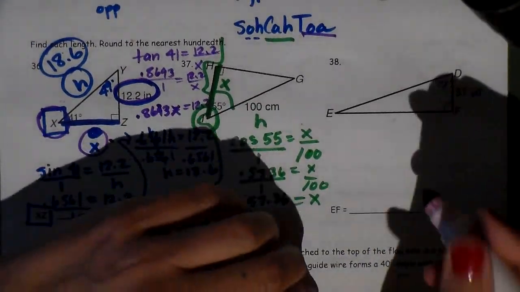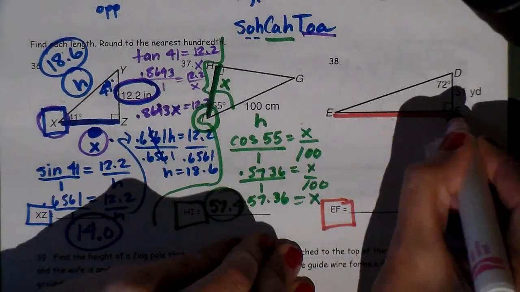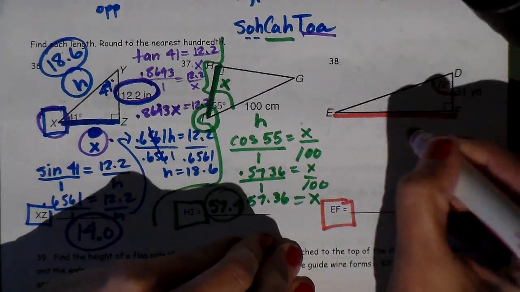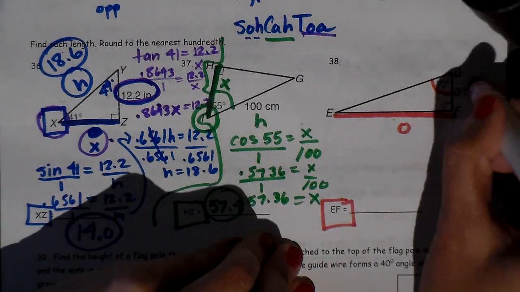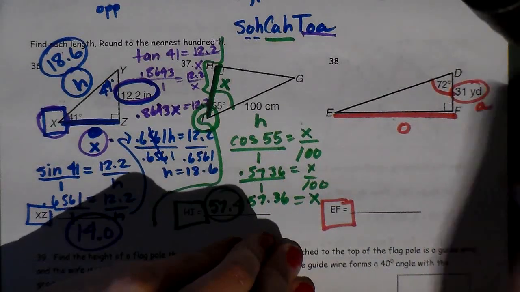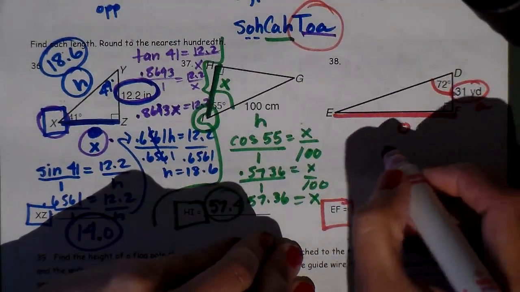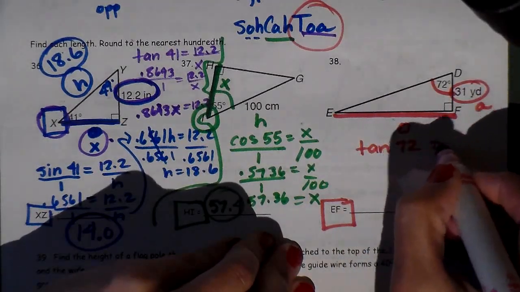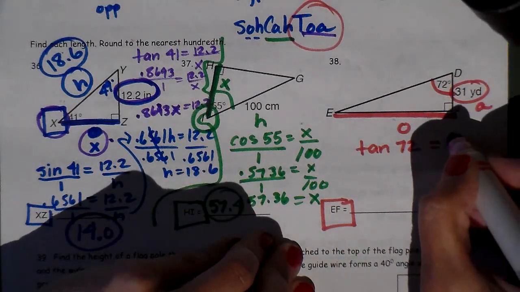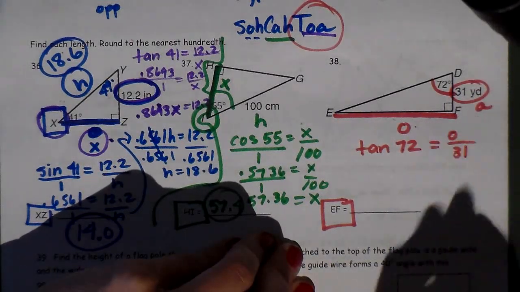Parent life. So here we're looking for EF. I want this one, and I have this angle. So what is that immediately? That's the opposite, right? What other side do I have? The adjacent. So what function? Tangent. So I'm going to say the tangent of 72 degrees is equal to my opposite over 31, right?